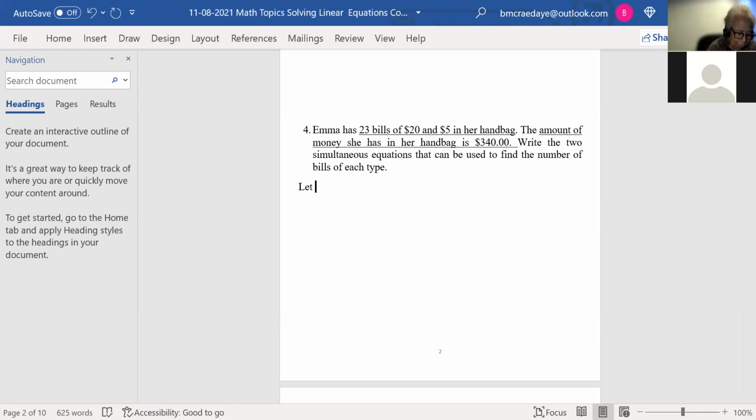The 20s or the 5s? The 20s. Okay, let X equal the number of $20 bills. And what was your variable for the $5 bills? Y. Okay, let Y equal the number of $5 bills. Okay, now what's your first equation?